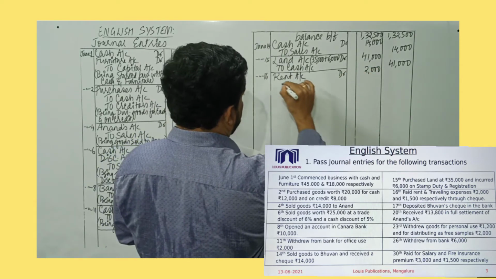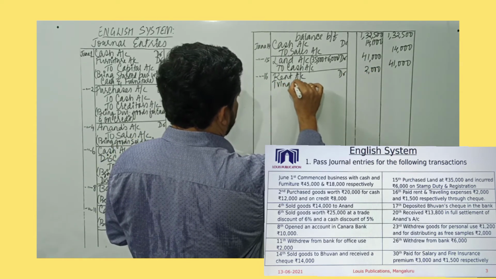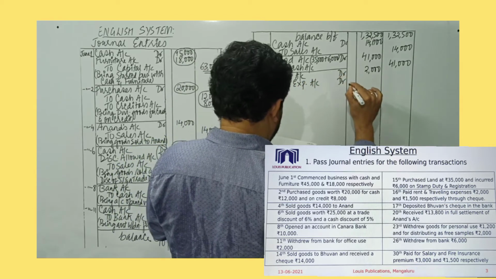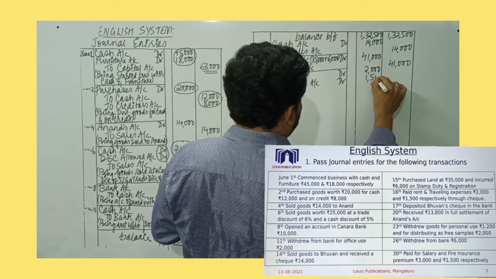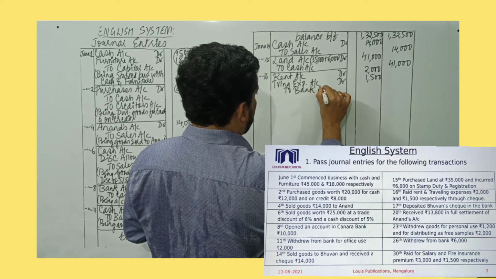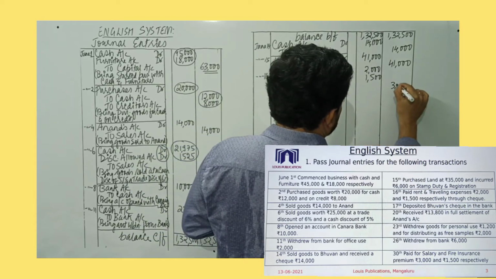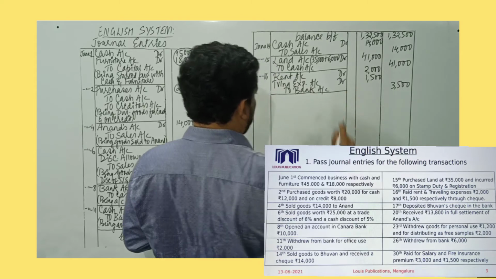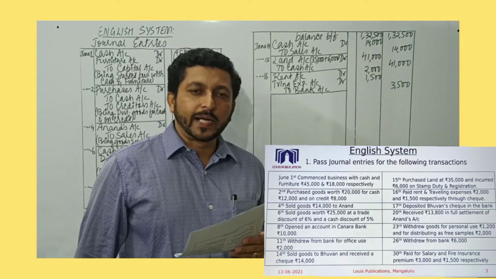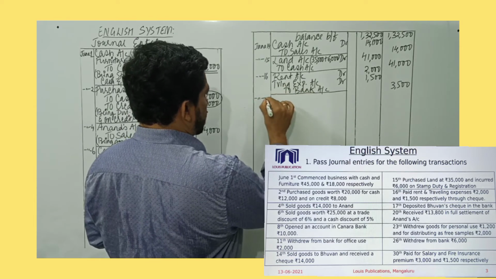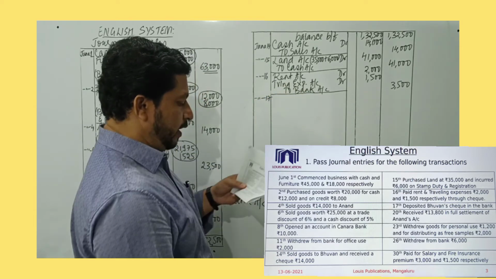Then we have travelling expenses account debited, that is 1500 rupees, to bank account because the payment is made through check. So bank is the giver of money. So total will be 3500 rupees. And narration would be being rent and travelling expenses paid. Remember, writing narration is a must.